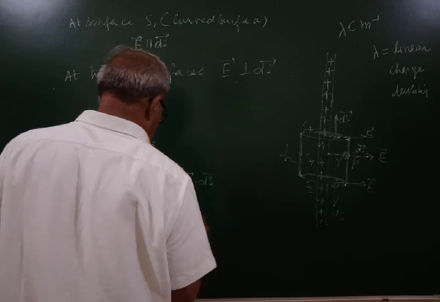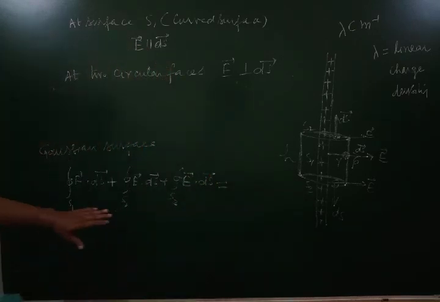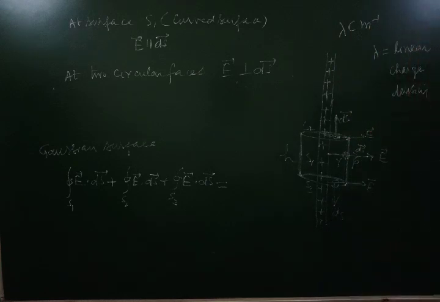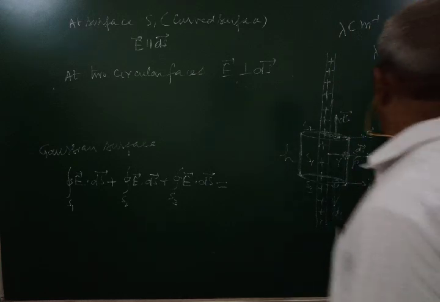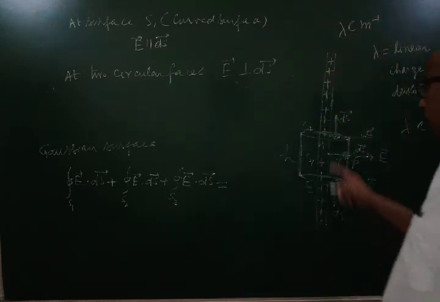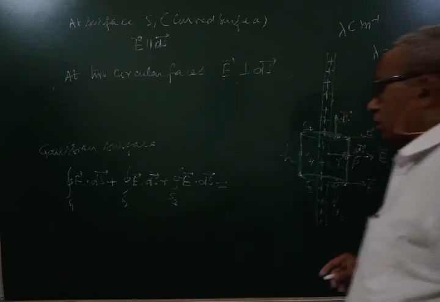Here the surface integral is equal to the total charge inside the surface divided by epsilon 0. What will be the total charge inside the surface? Lambda coulomb charge is present on 1 meter, and the length of the line inside the cylinder is only h.